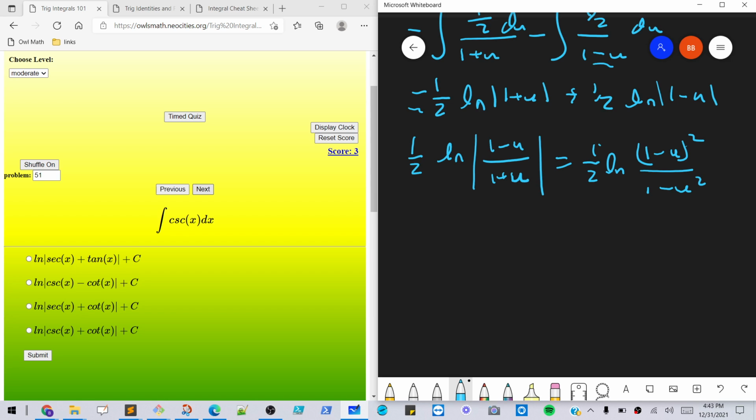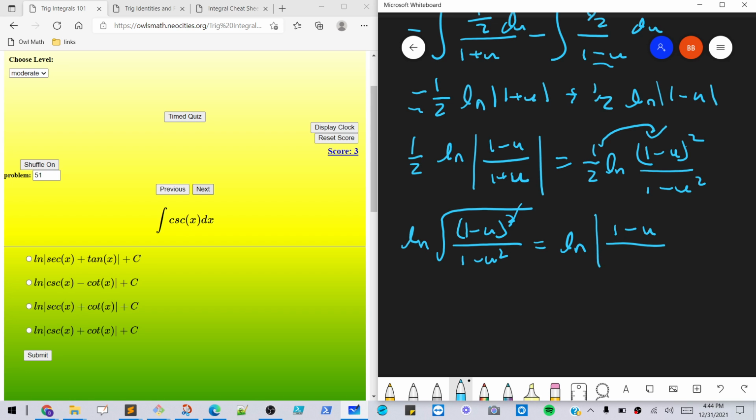And then we can use this half and bring that in as a square root. Let me write that for you. The square root cancels on the top, so we end up with ln of 1 minus u, I'll just keep the absolute value sign for now, over 1 minus u squared.